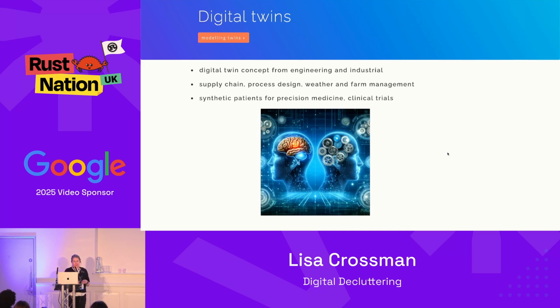Instead of doing clinical trials with animals and human volunteers, could we make a whole person as a digital twin and test that with clinical trials instead, which would be so much cheaper. And we could try out a lot more drugs that don't make it. So that would be excellent.